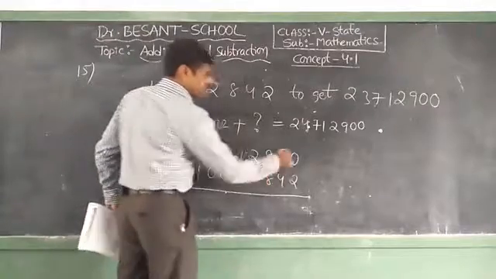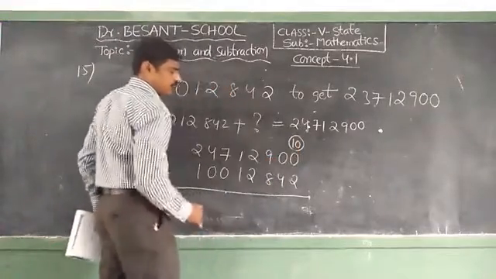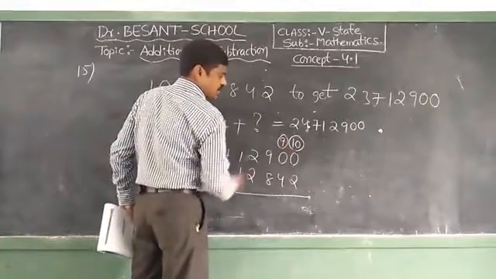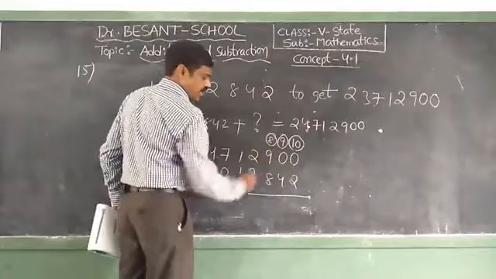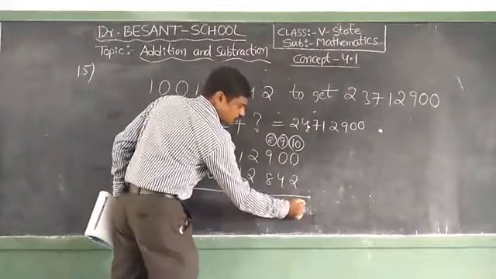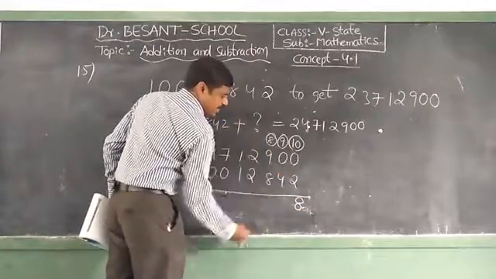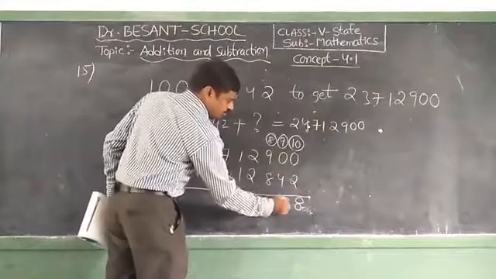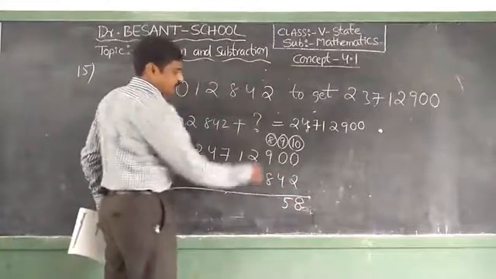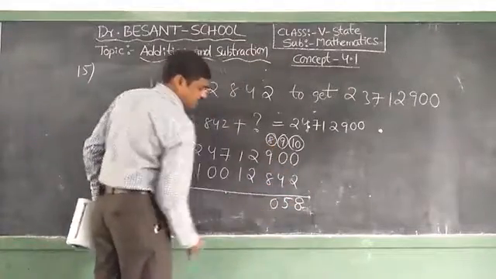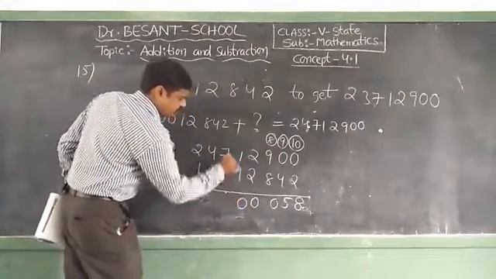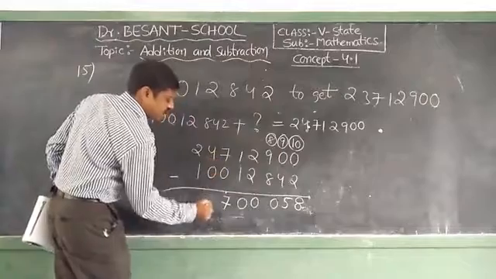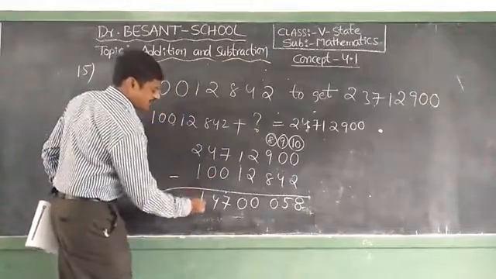Okay, this is 10, this is 9, this will become 8. So 10 minus 2 is 8, 9 minus 4 is 5, 8 minus 8 is 0, 2 minus 2 is 0, 1 minus 1 is 0, 7 minus 0 is 7, 4 minus 0 is 4, 2 minus 1 is 1.